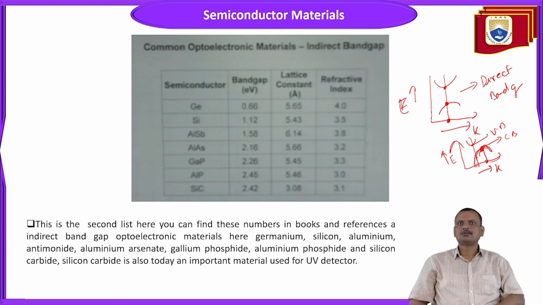Now, aluminum arsenide, gallium phosphide, aluminum phosphide, and silicon carbide all have band gap values in the range of 2, and silicon carbide has the largest band gap value among them, 2.42, and its lattice constant is, see, very small, 3.08 in comparison to all.